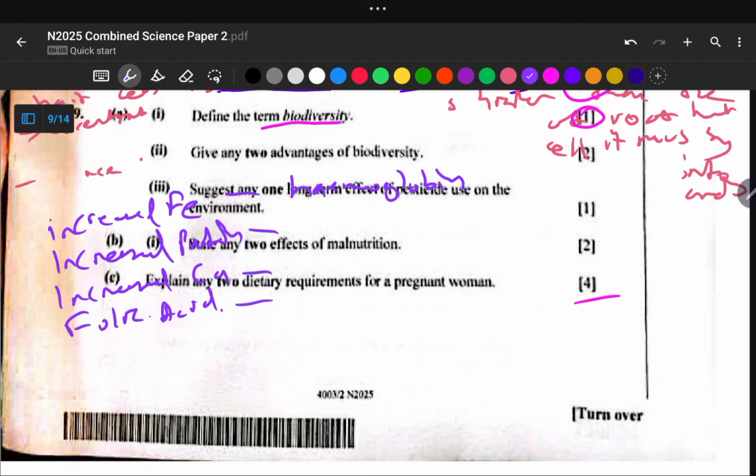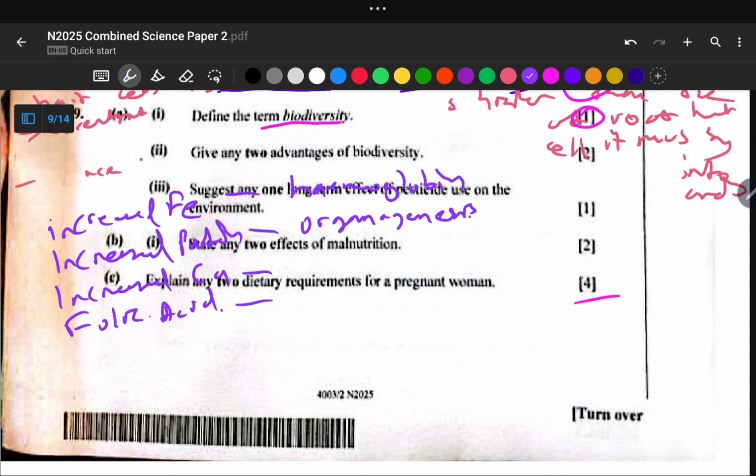A lack of iron will result in anemia. And then for proteins, they are essential in the rapid growth of the baby's tissues and the development of organs, what we call organogenesis, right? The formation of organs, right?